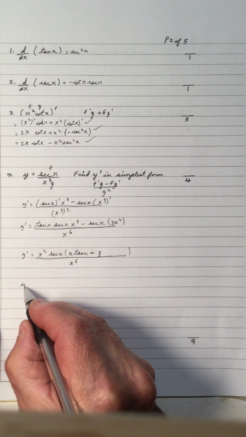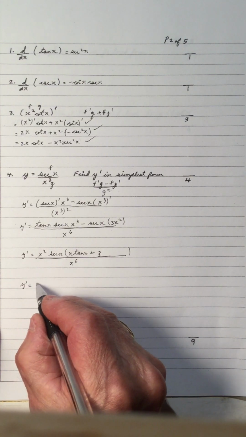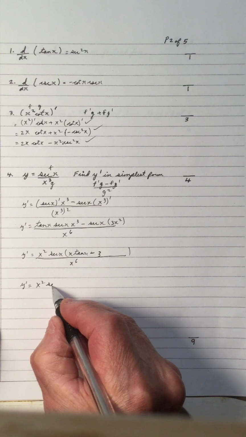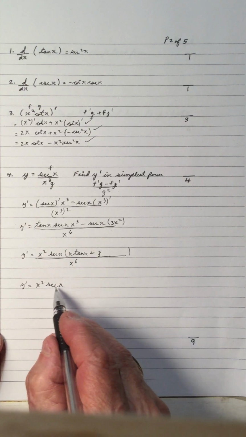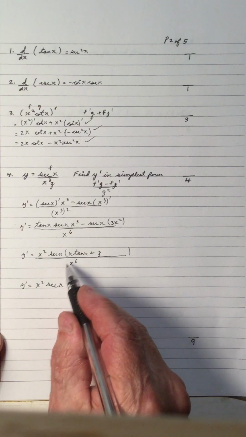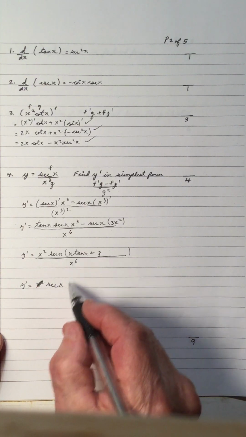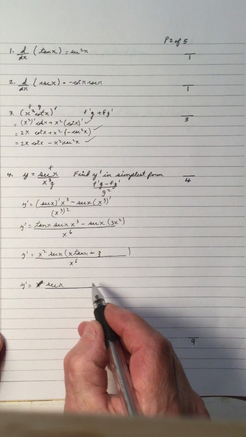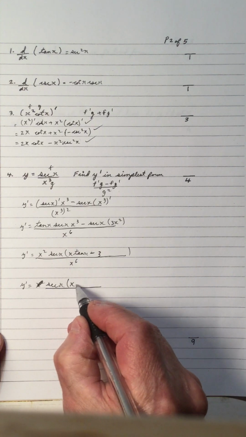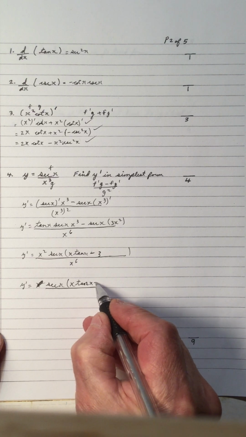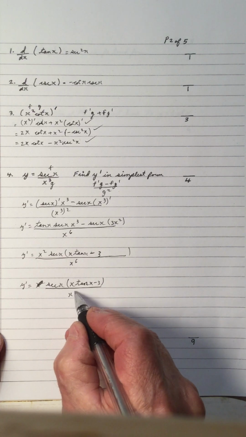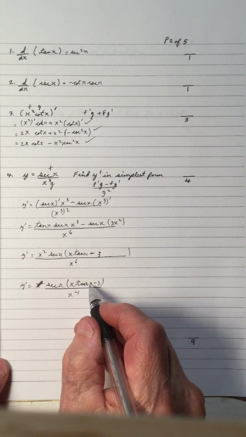I said I want to simplify it. So we got x squared secant x. Oh, I should have canceled that out there. Sorry about that, because I want to simplify it. So we got this over x to the fourth.